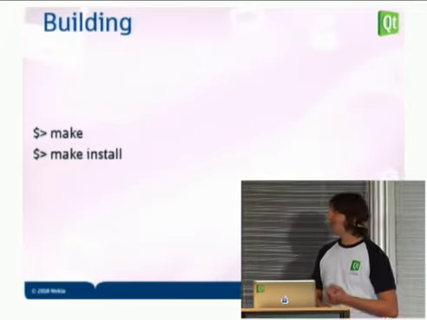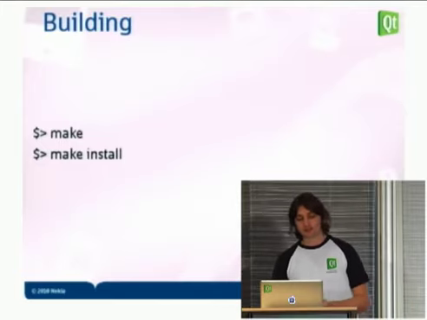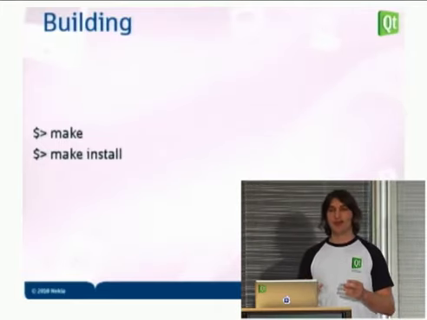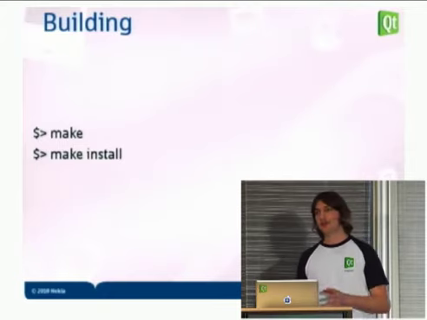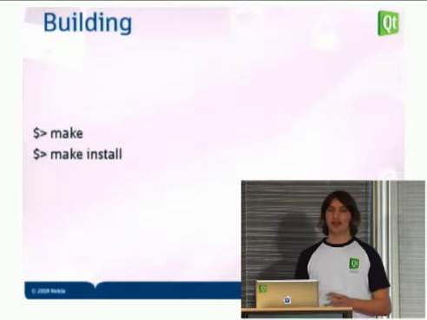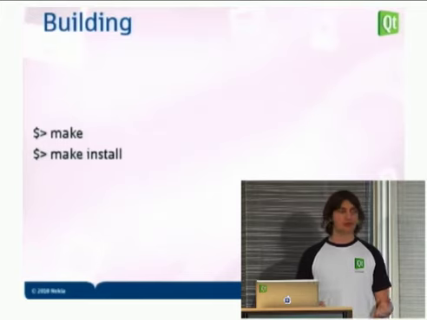I also mentioned here make install, because let's say you have a QWS build and you make, and then all the object files and libraries are in your build folder, and now you'd like to know what are the files that need to be on the target, and what are the files, like the header files, that I need to build a project, and where are my host tools.